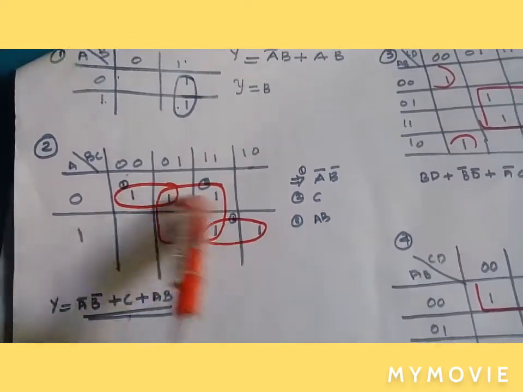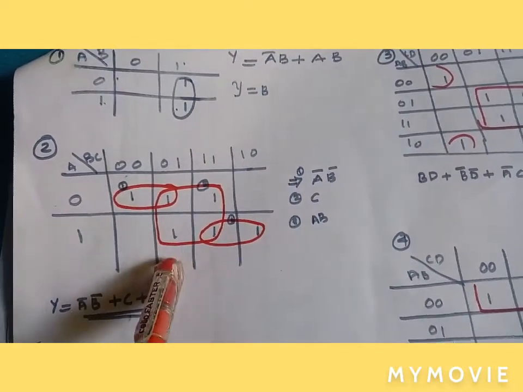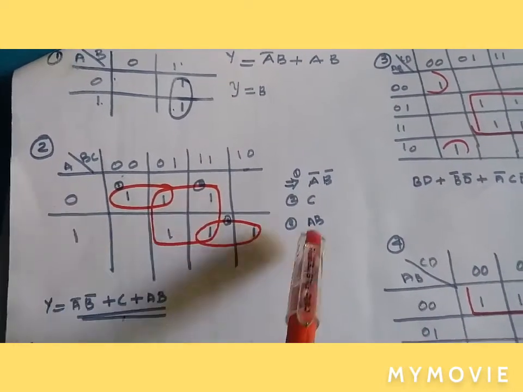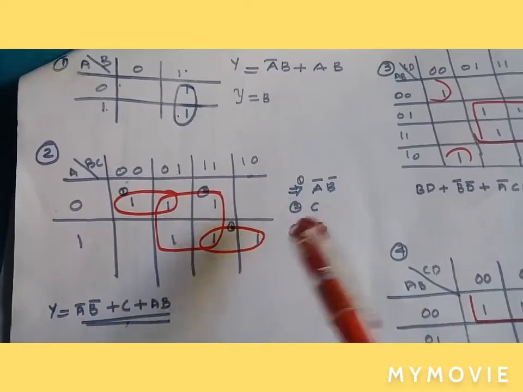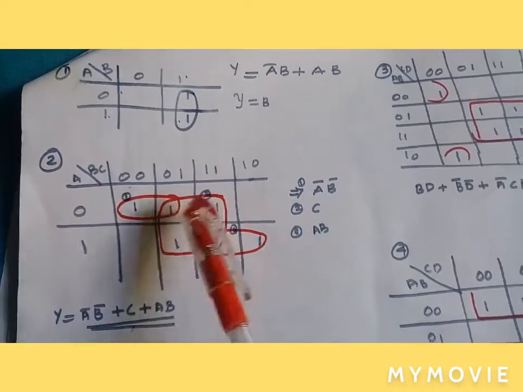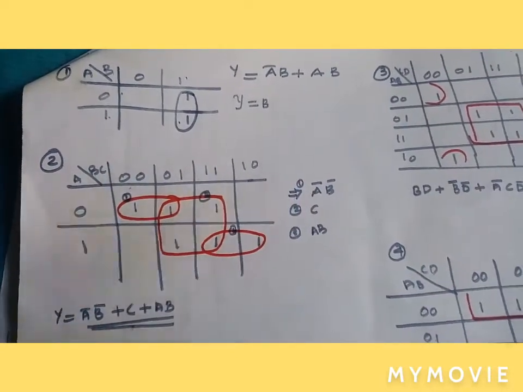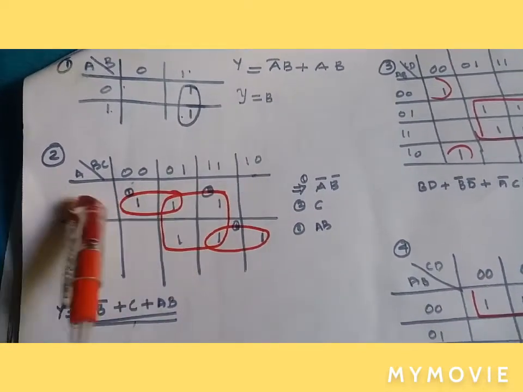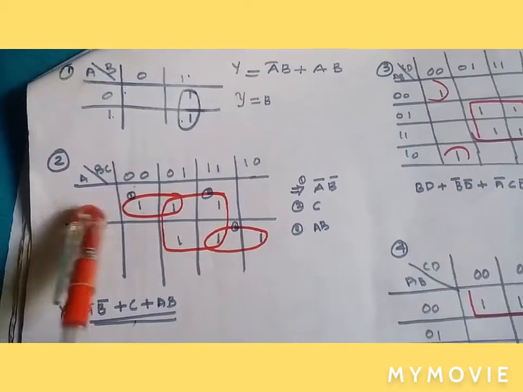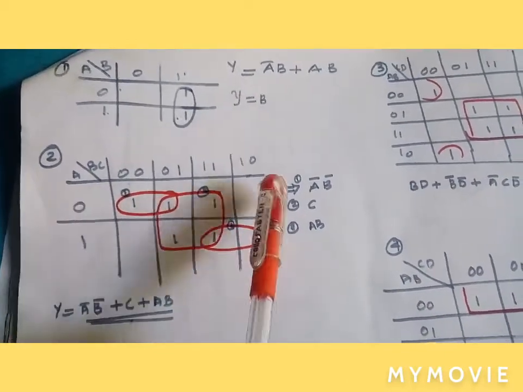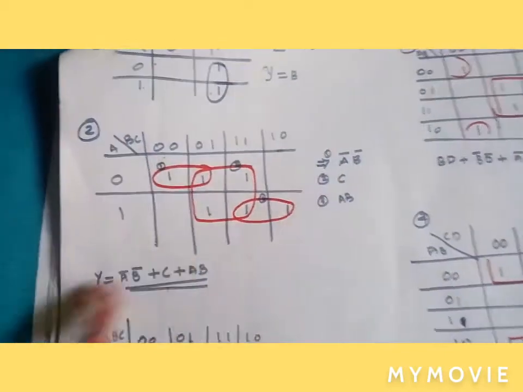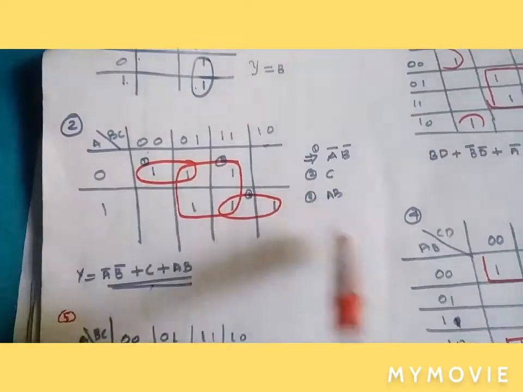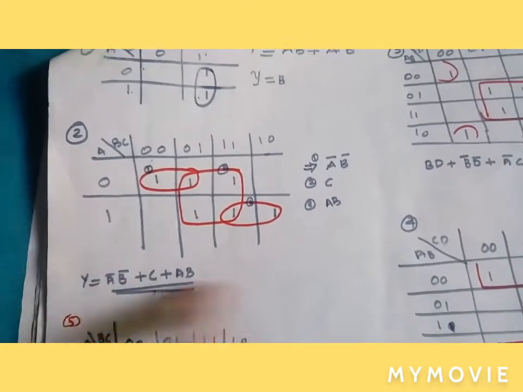From here, in the groups we should represent: if the unchangeable quantity is 1, we represent A or B or C. If 0 is unchangeable, we represent the complement of the variable. Here 0 is unchangeable for A, that is A bar. Okay. Here the output is A bar B bar plus C plus AB, the sum of these products. That is the output here.